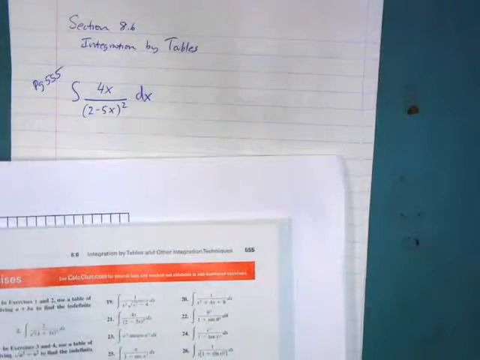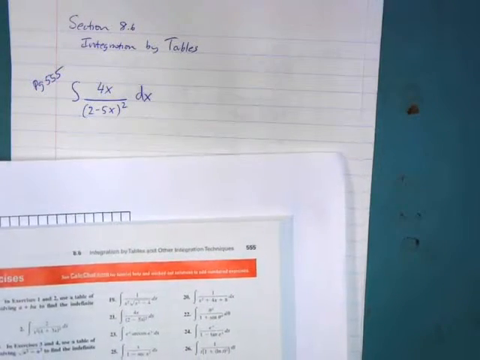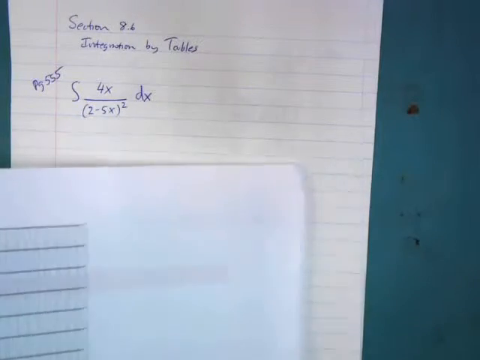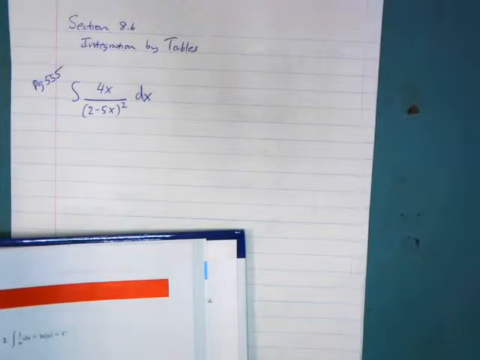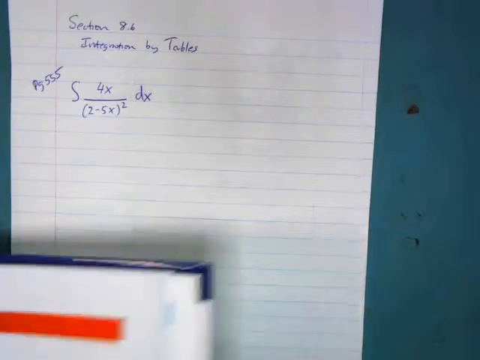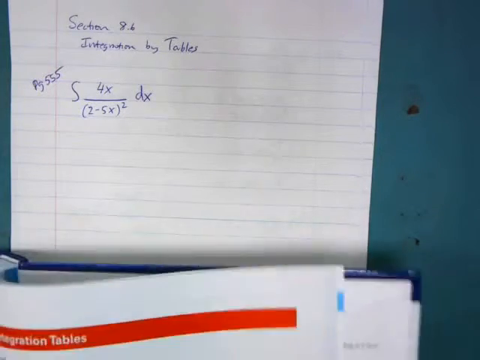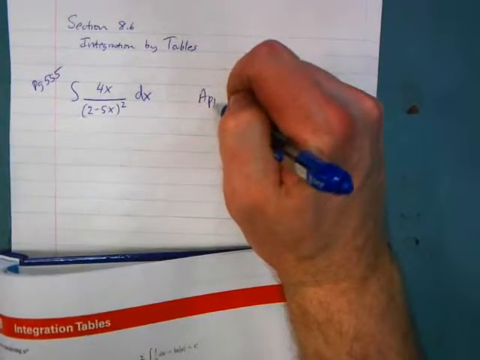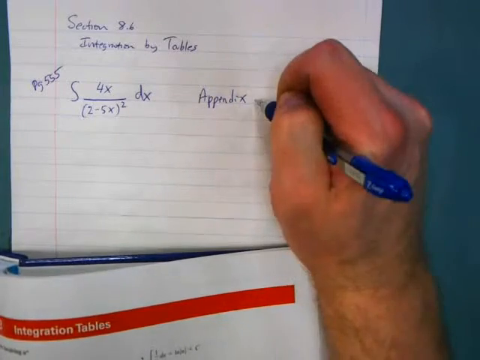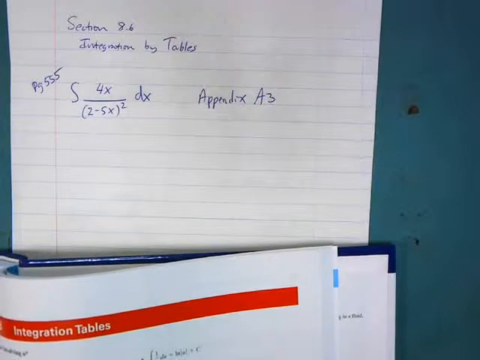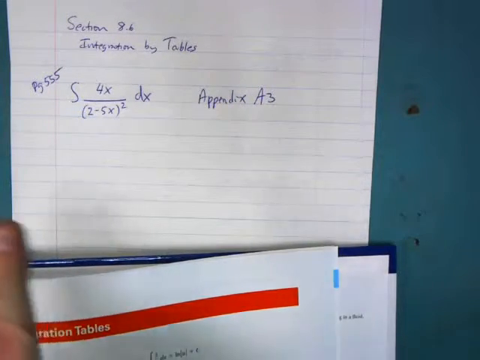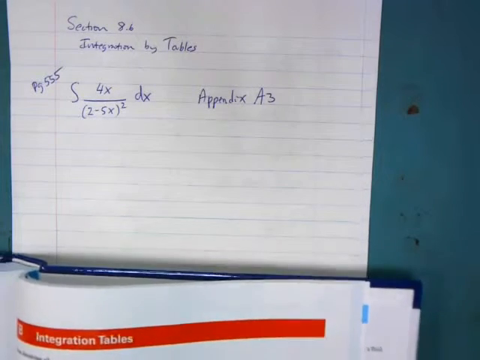This problem I'm picking is out of page 555, and it's appendix A3 in the back. It says A3 at the bottom there. All right, so we have 4x over 2 minus 5x squared.